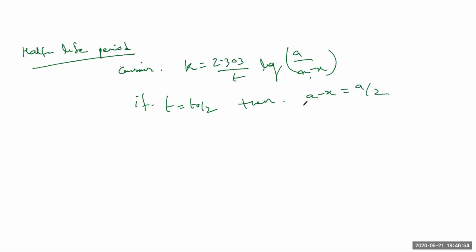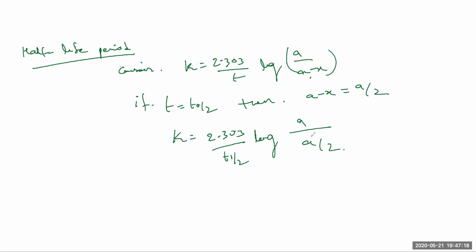Substituting in the above equation, k is equal to 2.303 by t half into log of a, and instead of a minus x, you can write a by 2.